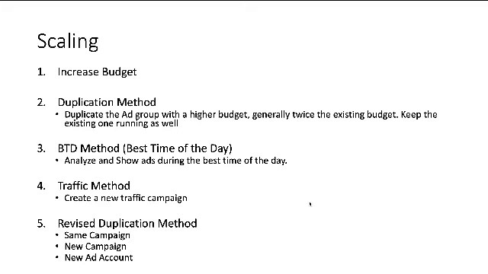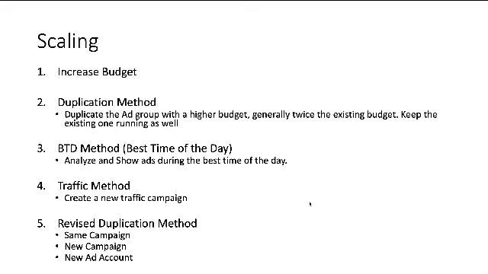Now let's say if you want to scale very aggressively, you have a sale, it's a limited time period offer, so you want to reach out to the maximum people that is possible. Now if you change the budget from 2000 to 4000 directly, the optimization will take a drift, and probably your ads will not be as profitable as they were.